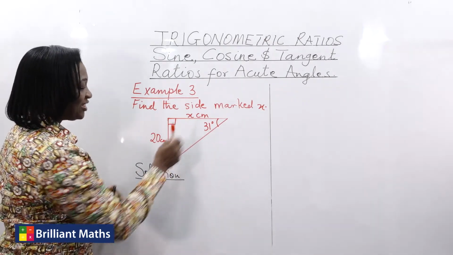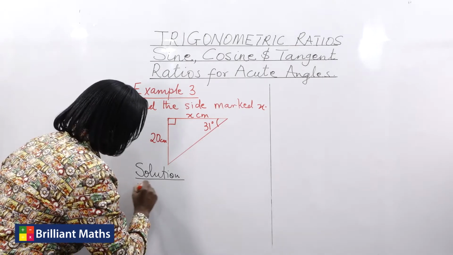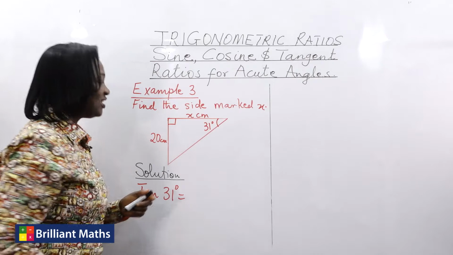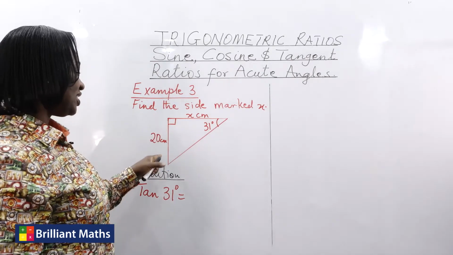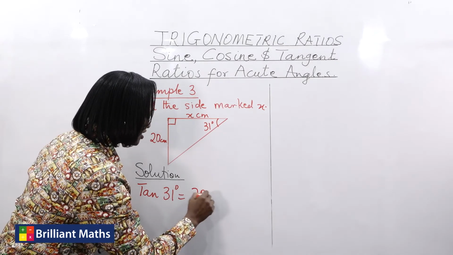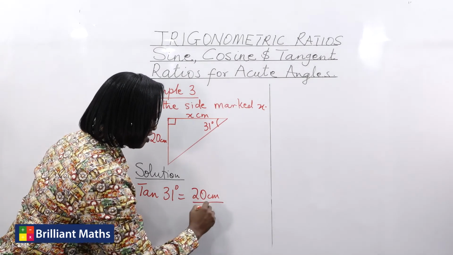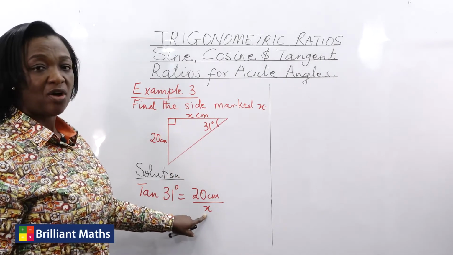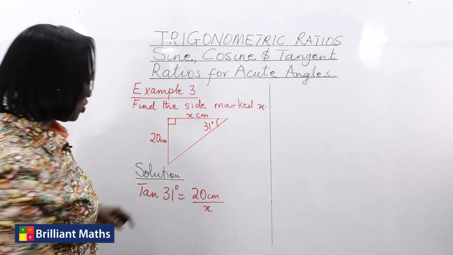So tan 31 degrees, tangent is opposite over adjacent, will be 20 centimeters over x. So how do we find the length of x? We'll cross multiply.